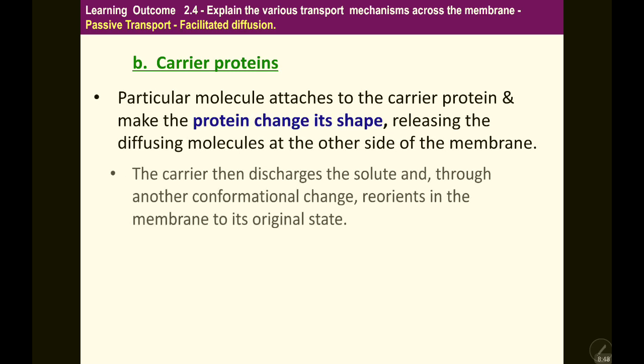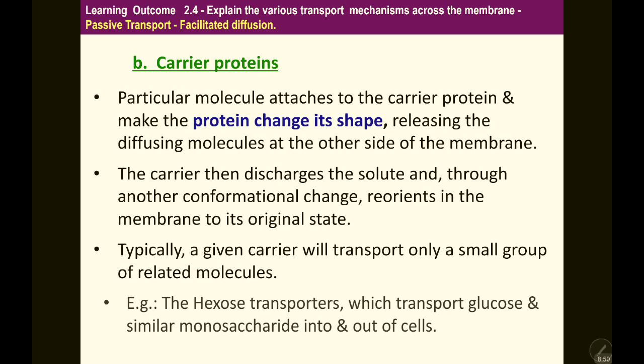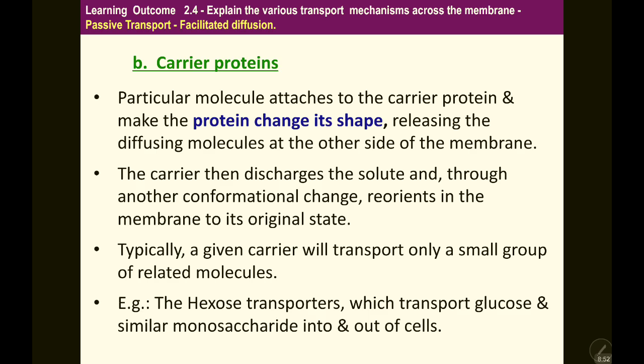While carrier proteins are something like channel proteins, this protein can change shape. After they have received the molecules, they will change their shape to release the molecules to the other side of the membrane, then discharge the solute and change shape again.